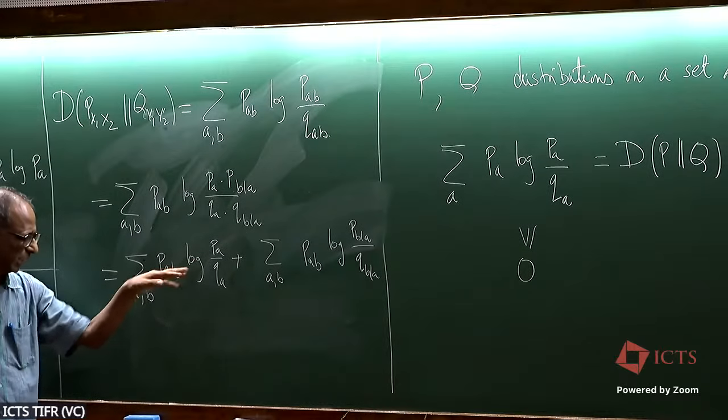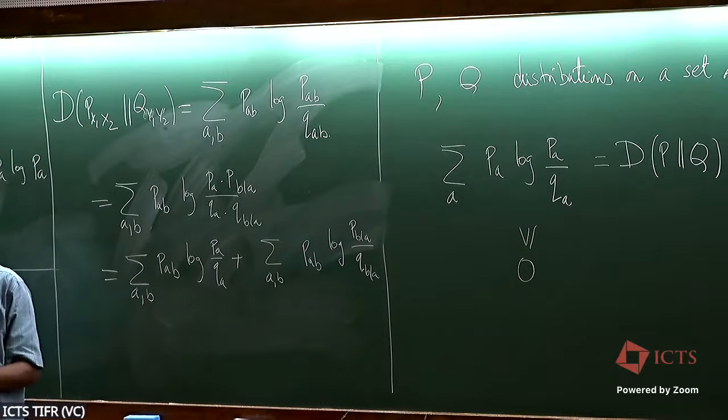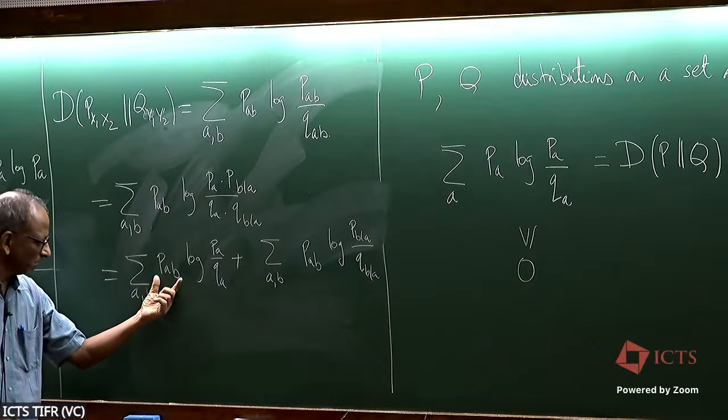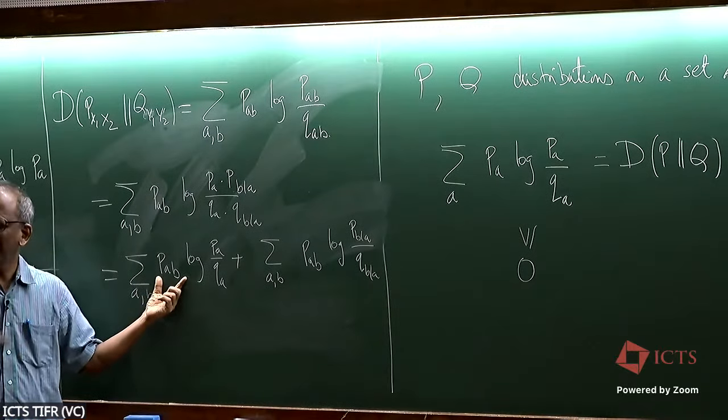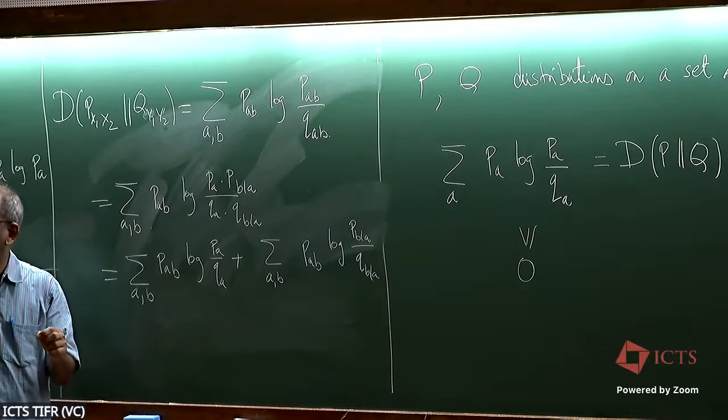Most of the time only A appears and we are summing over B. So if I sum PAB over B, what do I get? Fix a value of A and sum over B of PAB.